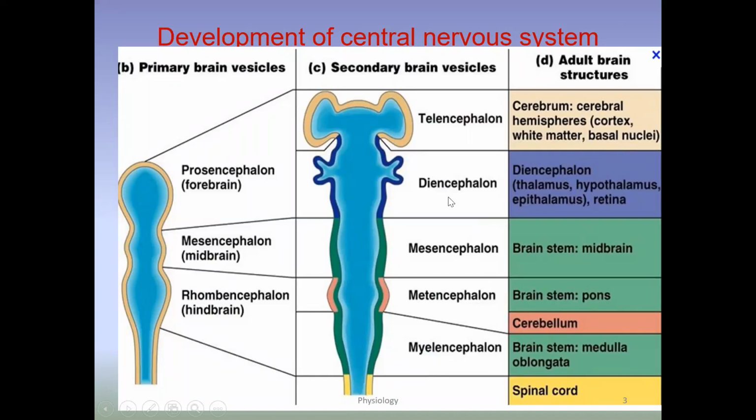Diencephalon forms thalamus, hypothalamus, epithalamus, and retina. Mesencephalon forms the brainstem, that is the midbrain component, metencephalon forms pons and cerebellum, while myelencephalon forms medulla oblongata, part of the brainstem. So you may have an MCQ on this: what structures do the telencephalon, diencephalon, mesencephalon, metencephalon, and myelencephalon develop into? So you have to remember that.